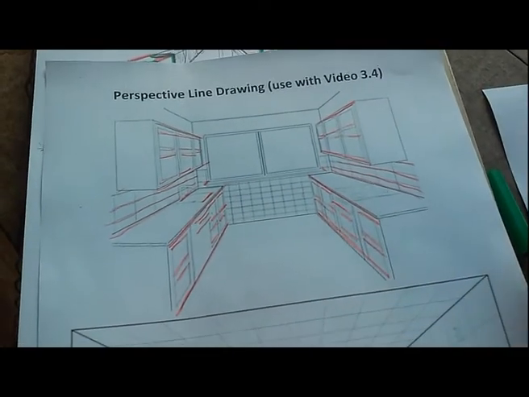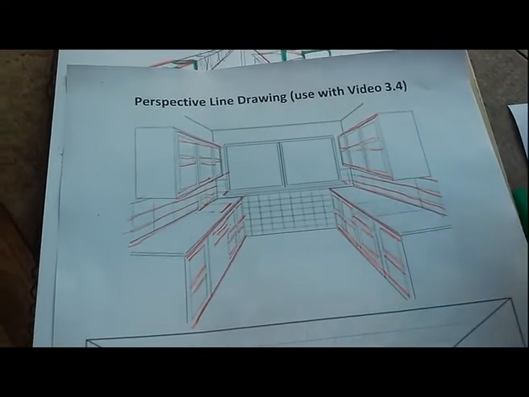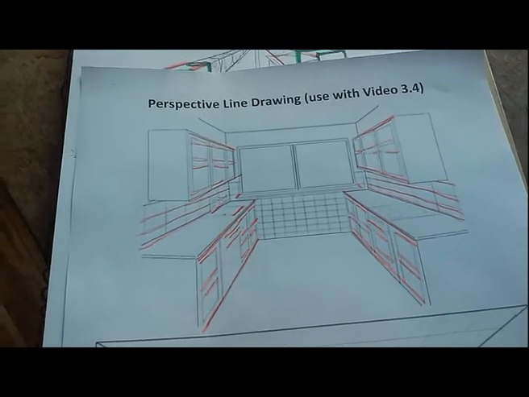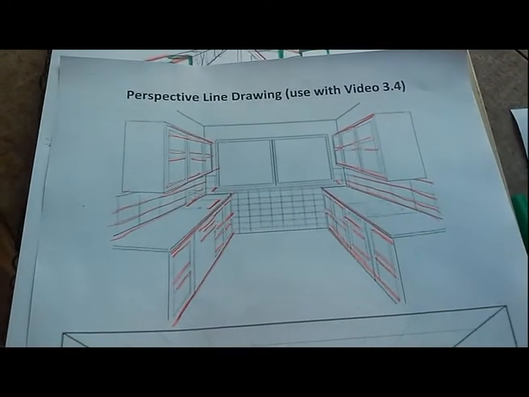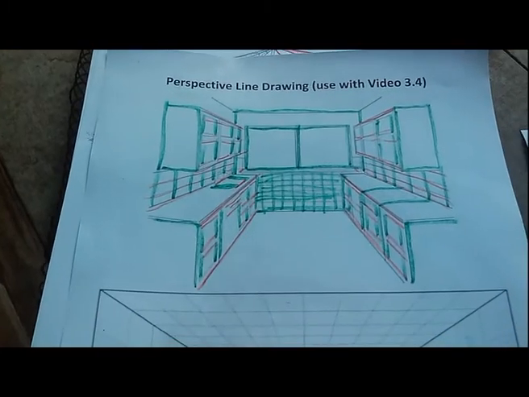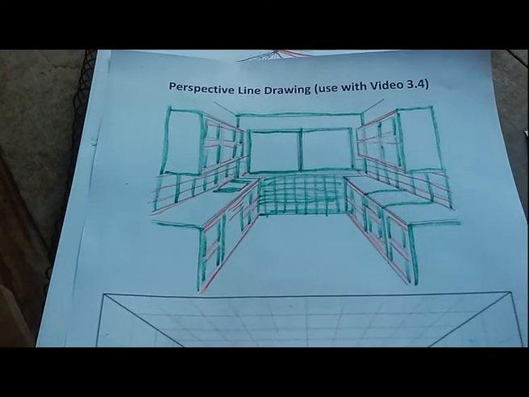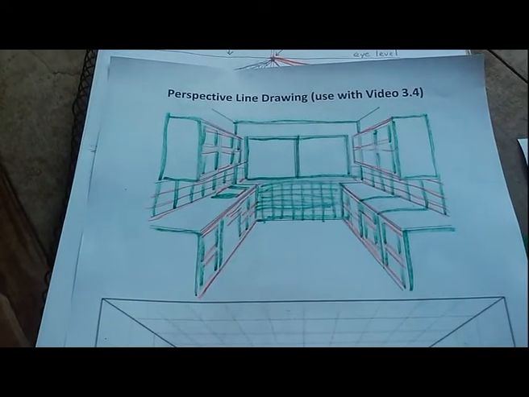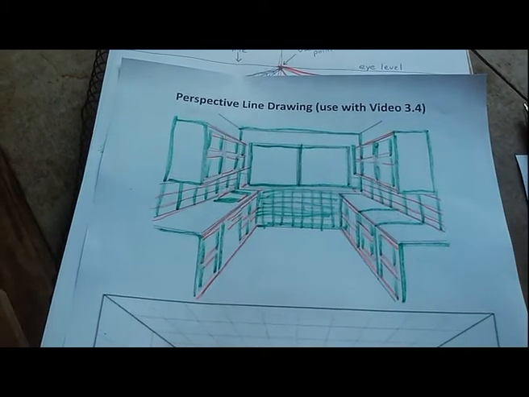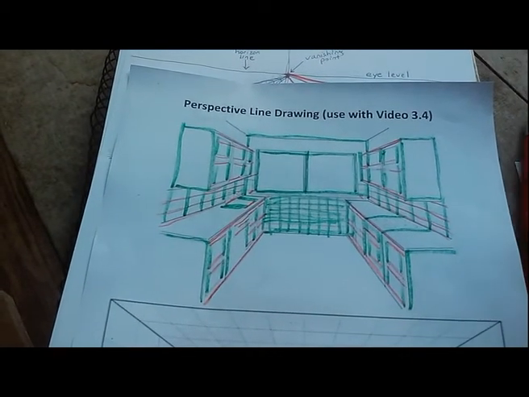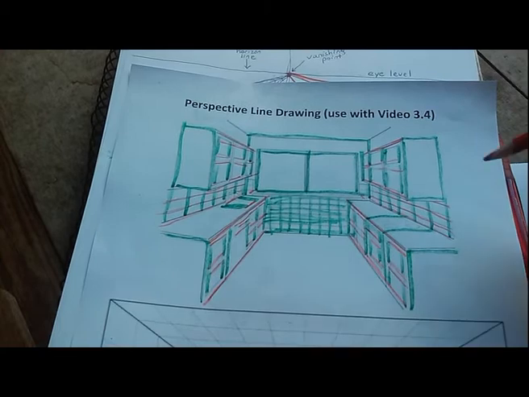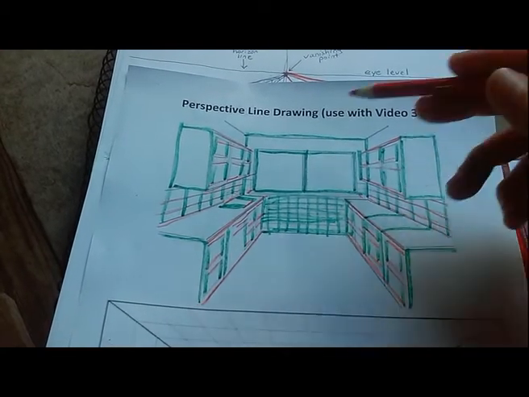Let's do our transversal lines now, the ones that make our shapes, our vertical lines and our horizontal lines. Okay, so there are all our transversal lines as well. All the lines that go up and down and left to right. So if you notice, every time there is some orthogonal lines, there's also some transversal lines with it to finish it out.